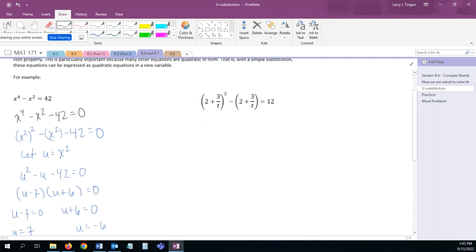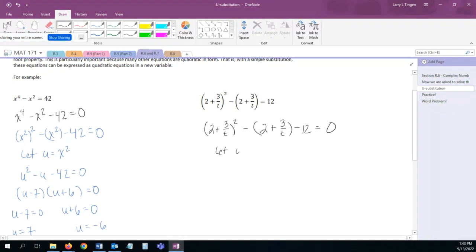Over here on the right, I have 2 plus 3 over t squared minus 2 plus 3 over t, not squared, just to the first power, equals 12. Again, if I could make this look like a quadratic, I could factor it.